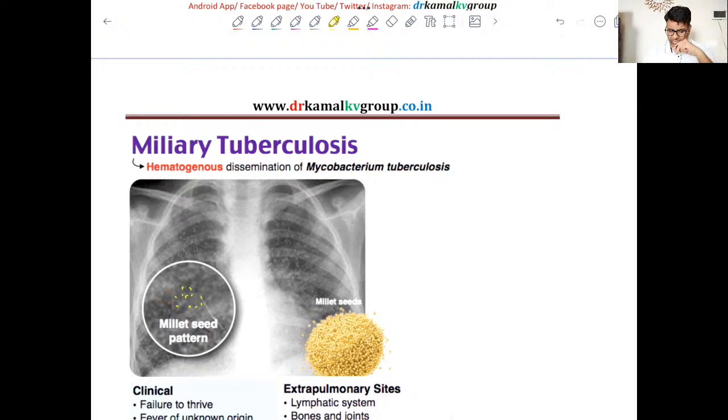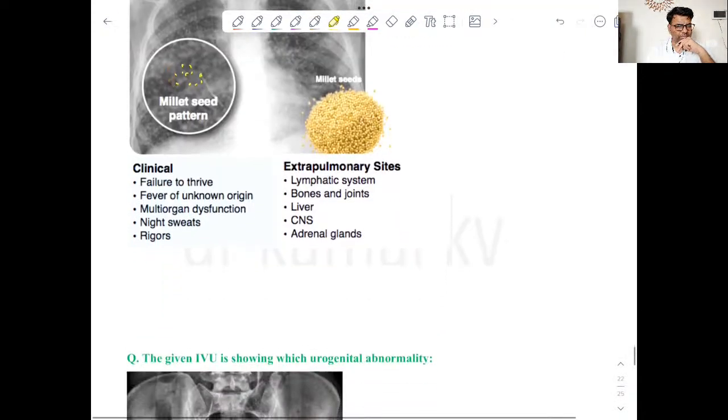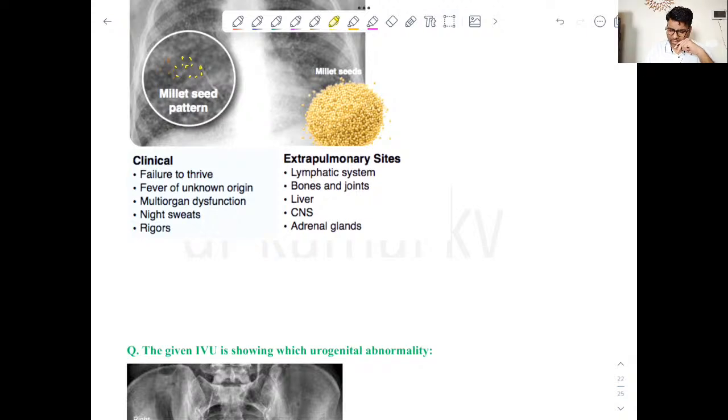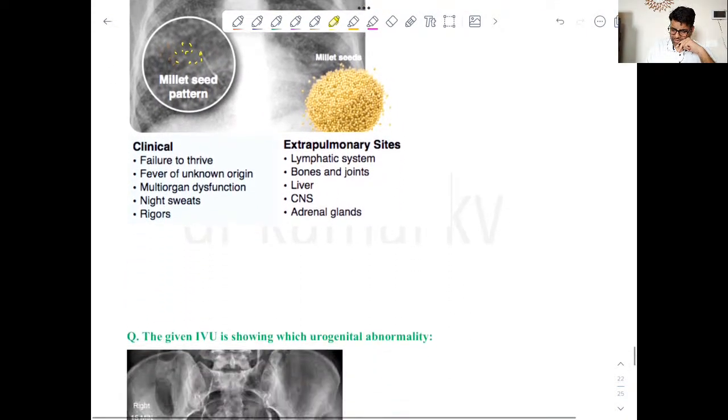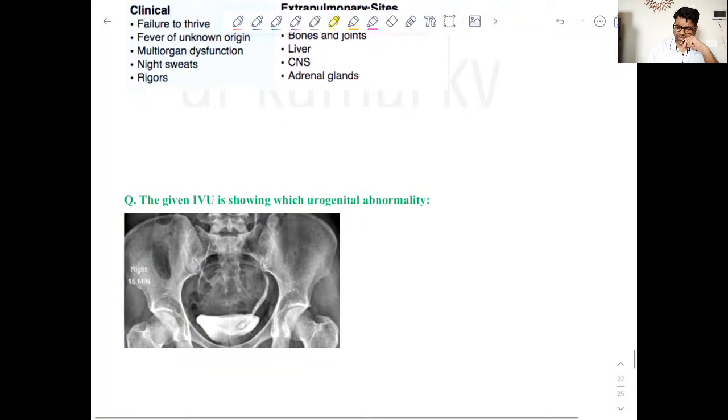Okay, so miliary tuberculosis. Now this is one very important question which has been repeated over the years: in intravenous urography, what sign can you see, and based on that what condition can you think of?